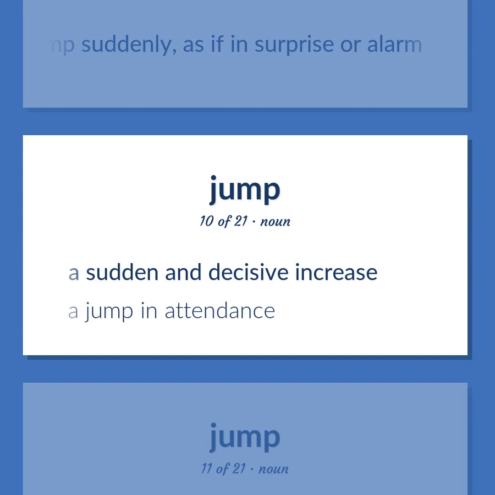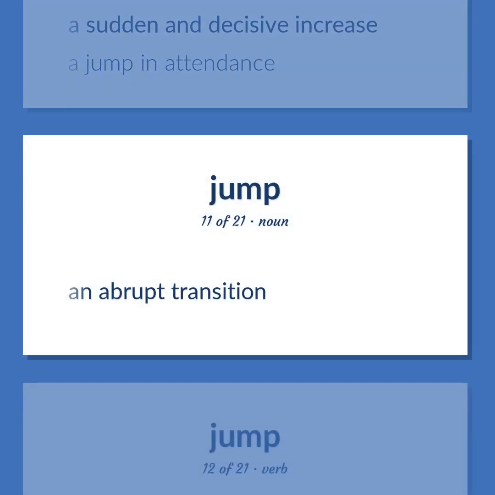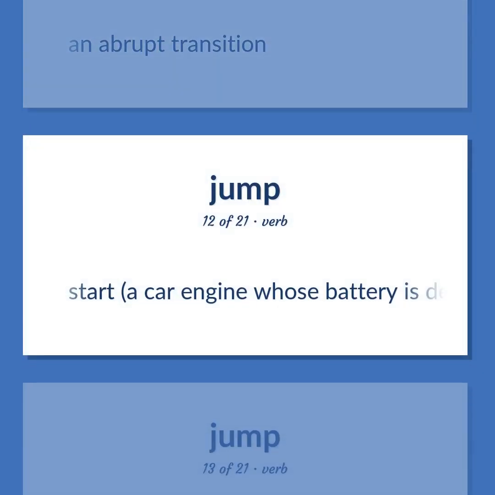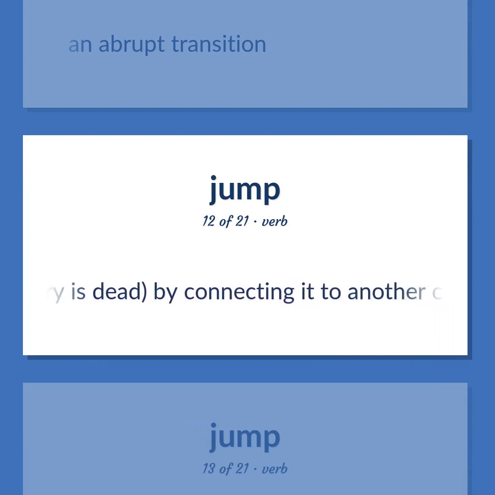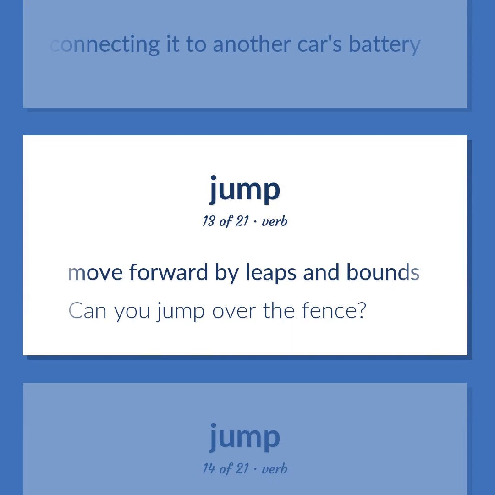A jump in attendance. An abrupt transition. Start a car engine whose battery is dead, by connecting it to another car's battery. Move forward by leaps and bounds. Can you jump over the fence?